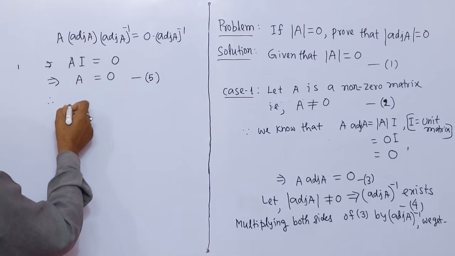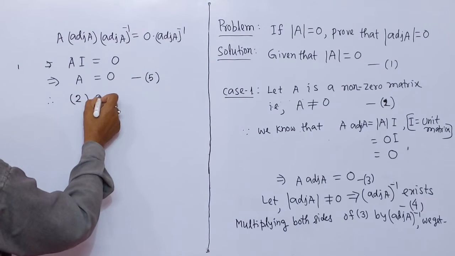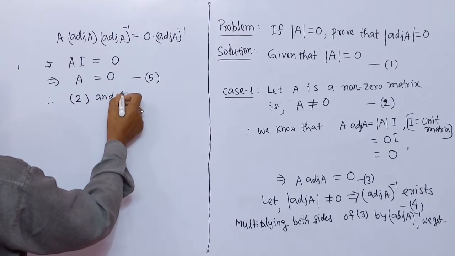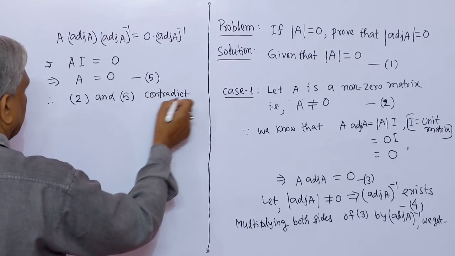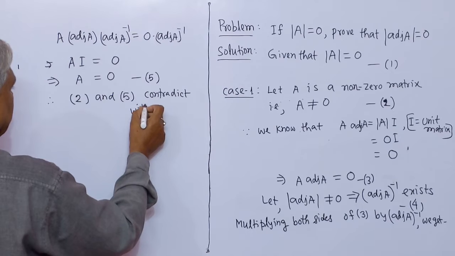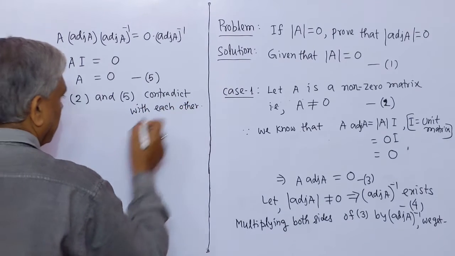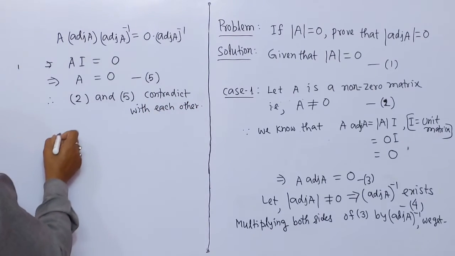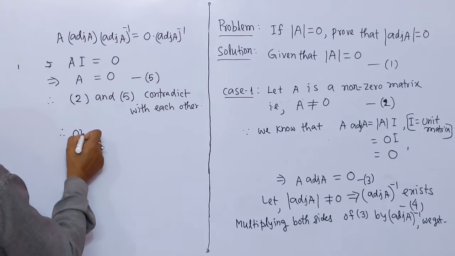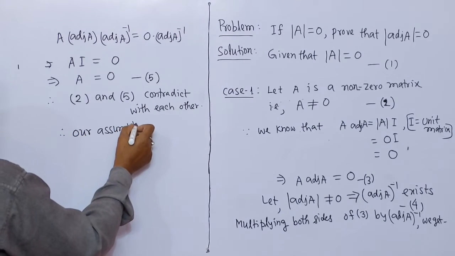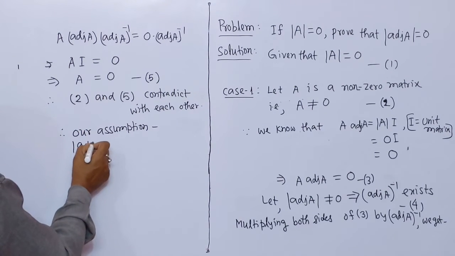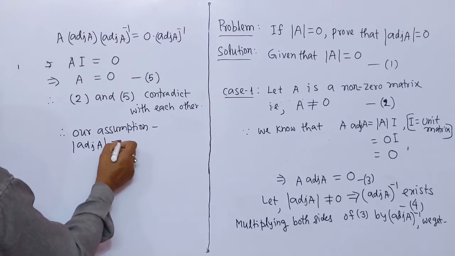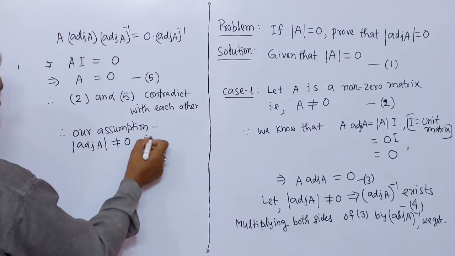Therefore, 2 and 5 contradict each other. Therefore, our assumption that determinant of adjoint A not equal to 0 is wrong.